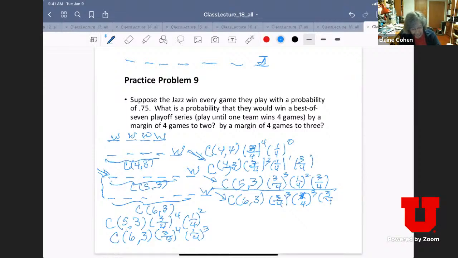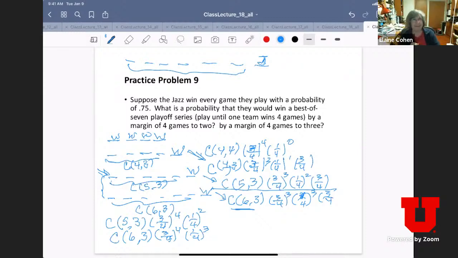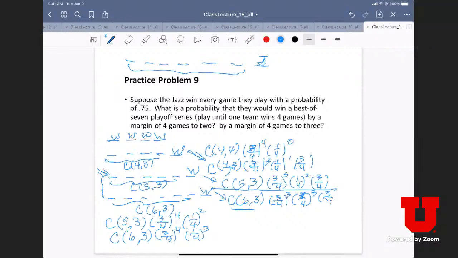They have to be in the last spot. So when we're looking at choose, we're saying how many ways can you pick 3 subsets out of 6? Well, I have 6 spots here that I need to fill in with 3 wins for the Jazz. And that's 6 choose 3. So K in this problem is actually 3 and not 4.